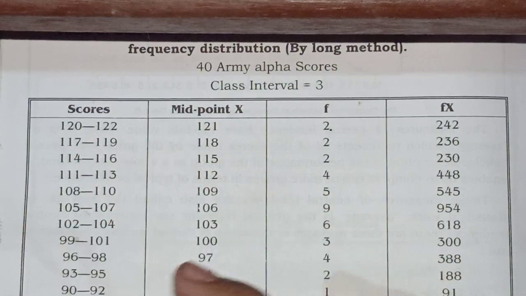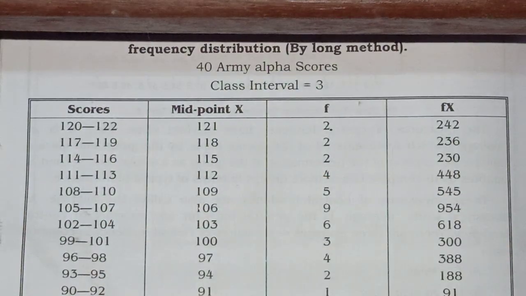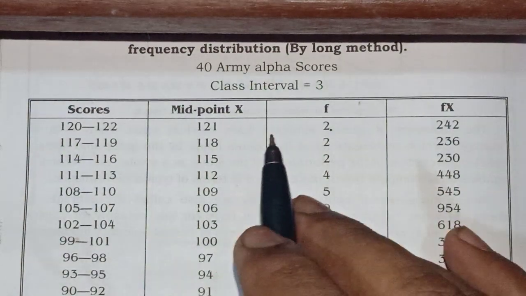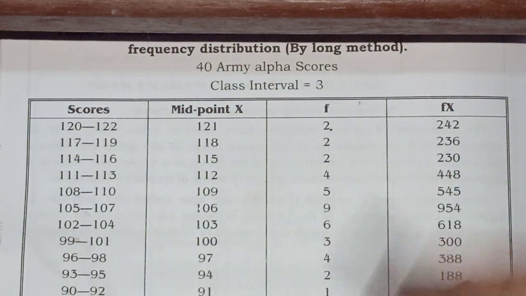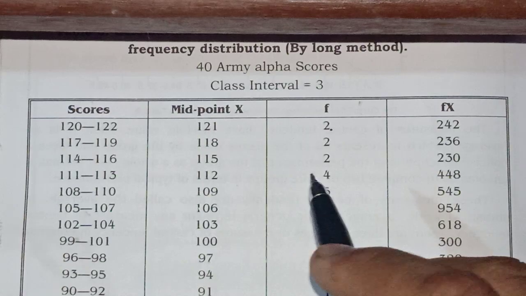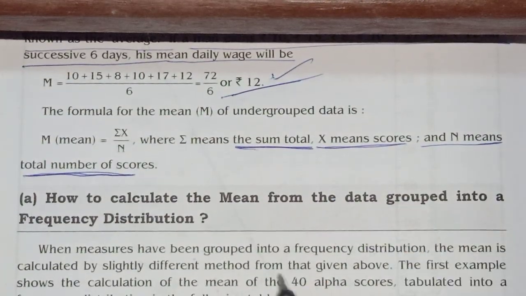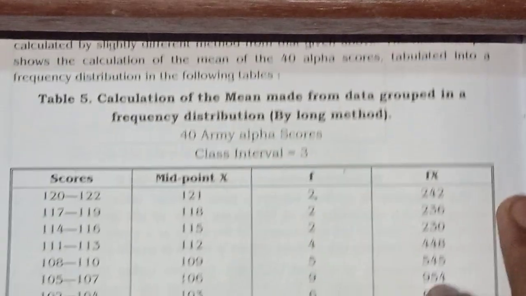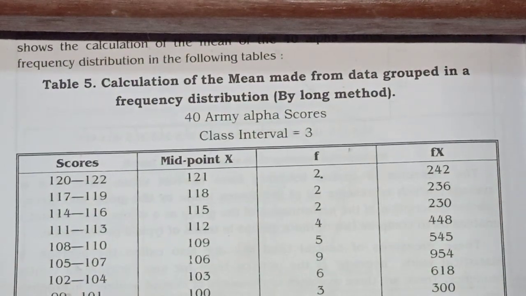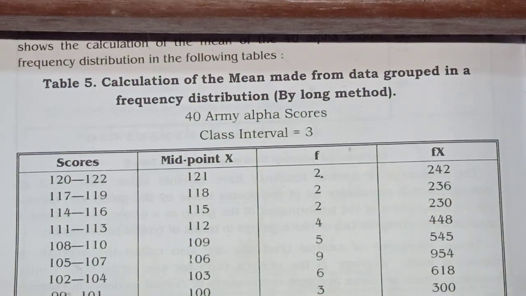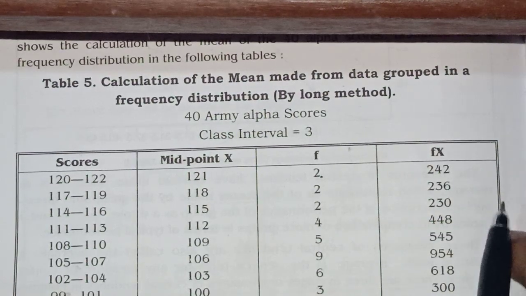Midpoint is the middle point of the class interval. The midpoint is called x here. Previously x was the scores, and here x is the midpoint of class interval. F is frequency and n is sum total of the frequency.